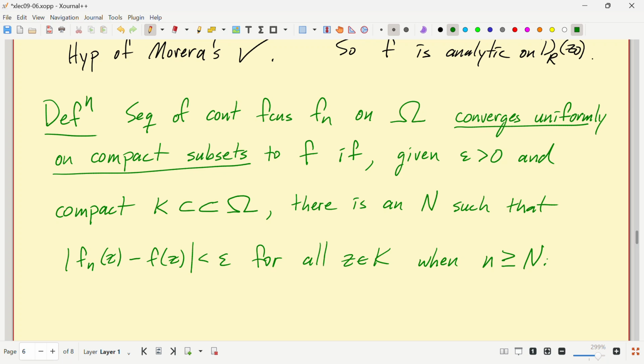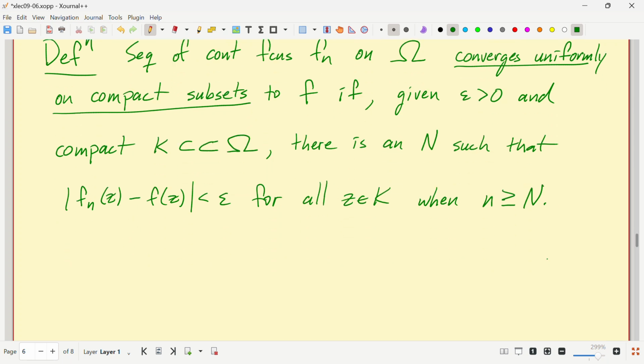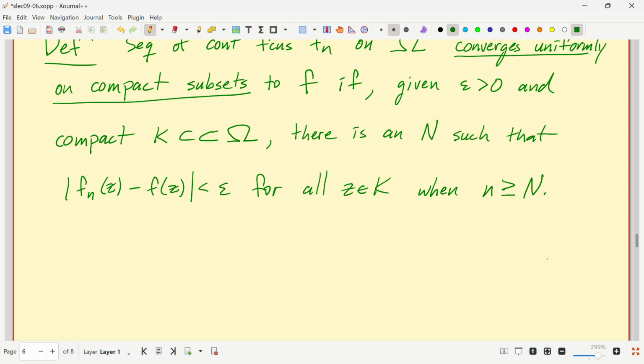when n is bigger than or equal to capital N. And the fact is, let's see some facts. Well, I just told you the fact about uniform limits of continuous functions being continuous, and now the fact is these limits of analytic functions will also have to be analytic.